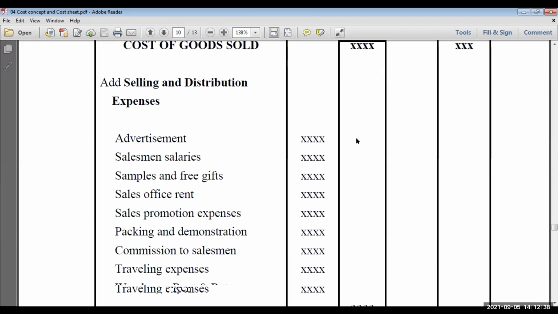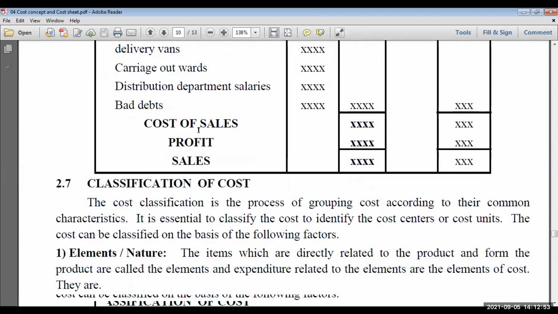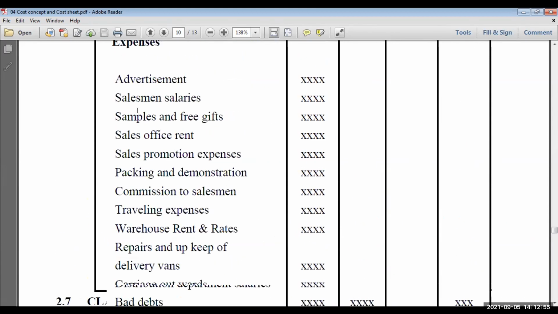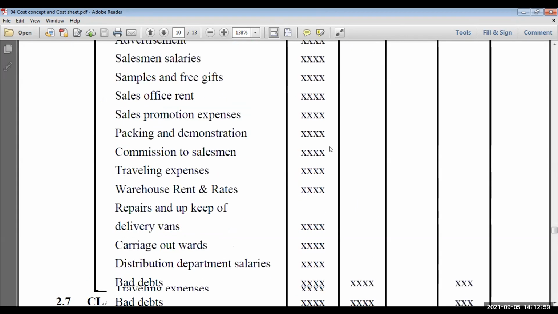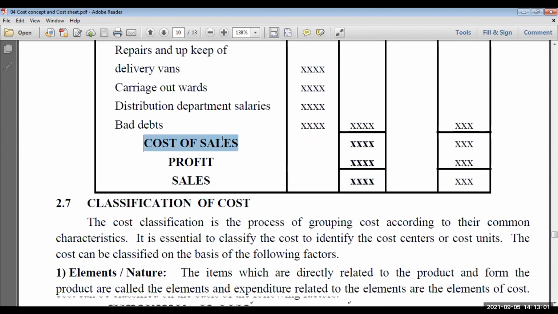Examples for selling and distribution overheads: advertisement, salesman commission, sales office rent, etc. Anything related to sales and distribution. If you add the total of selling overheads with the cost of goods sold, we will get cost of sales.